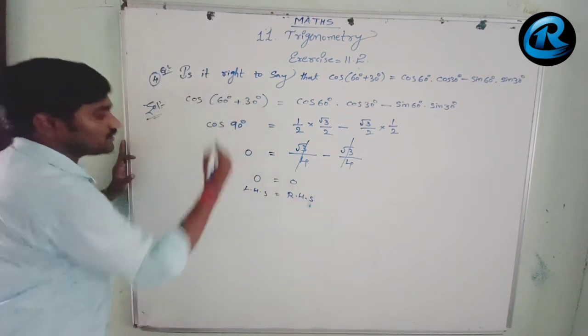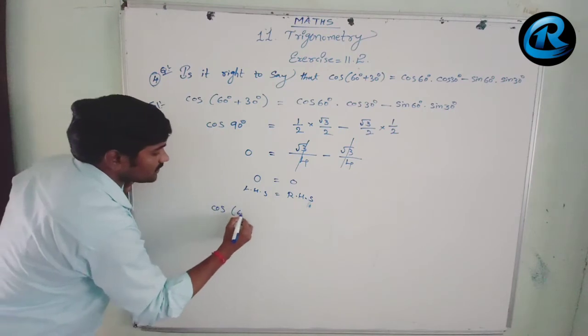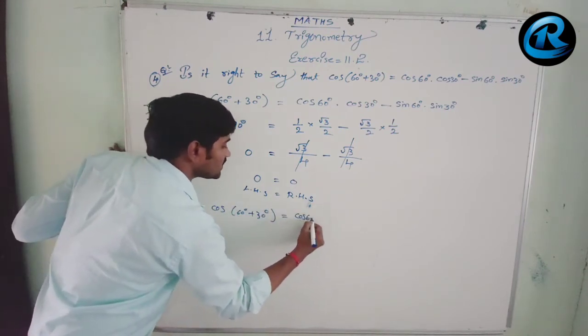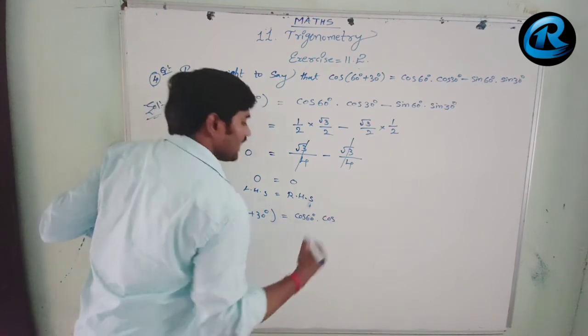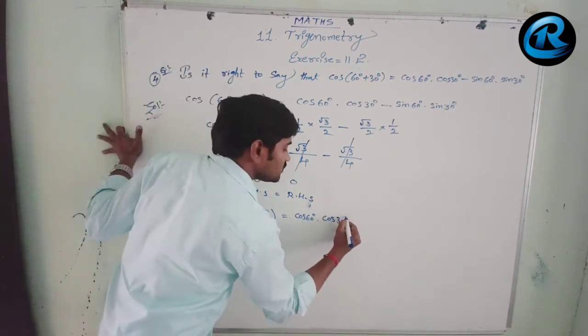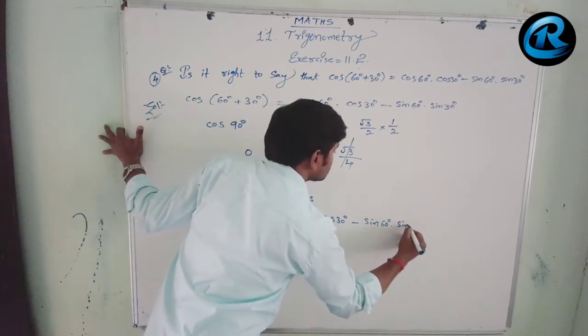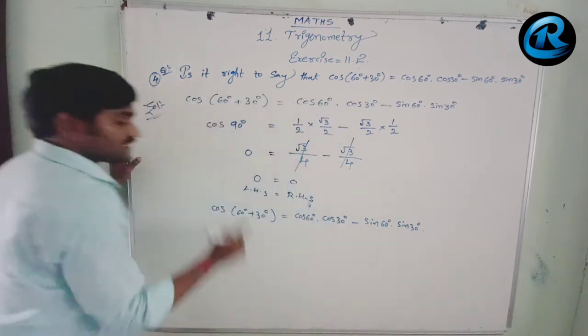What is LHS here? Cos 60 degrees plus 30 degrees is equal to cos 60 degrees into cos 30 degrees minus sin 60 degrees into sin 30 degrees. So is it right to say?